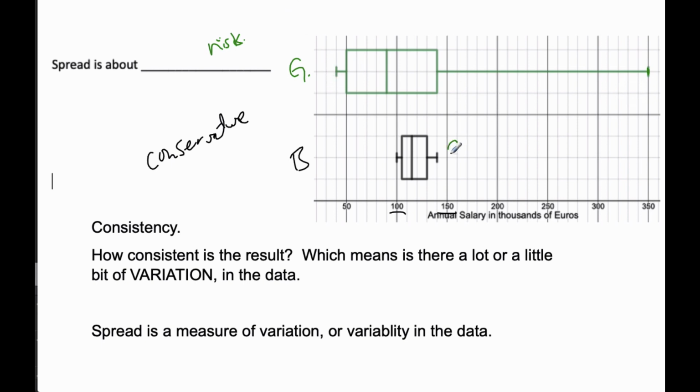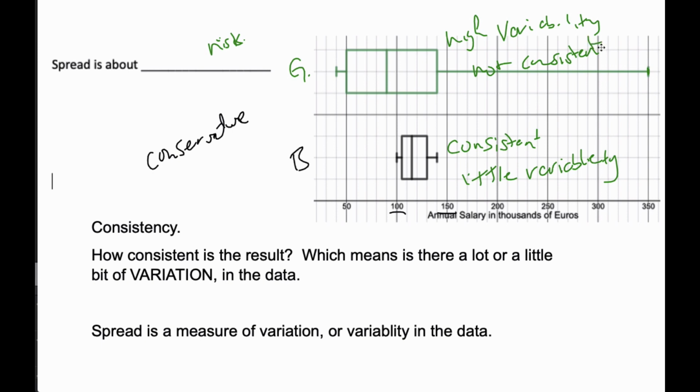And so these are very consistent with little variability, whereas this one is high variability, and it is not consistent. Okay, and so that's a sense of what the spread is all about. It's about the range of the numbers or how consistent is the variability of the data.